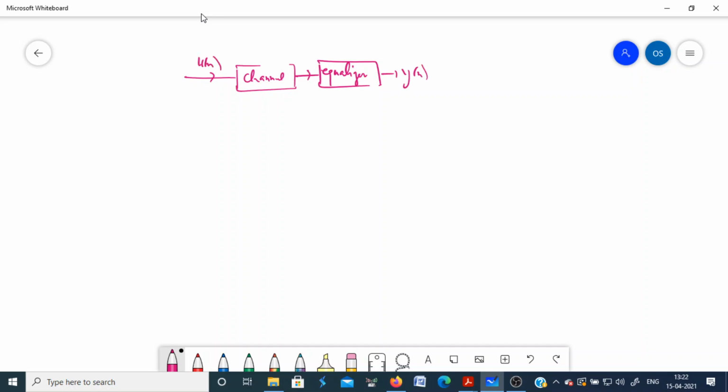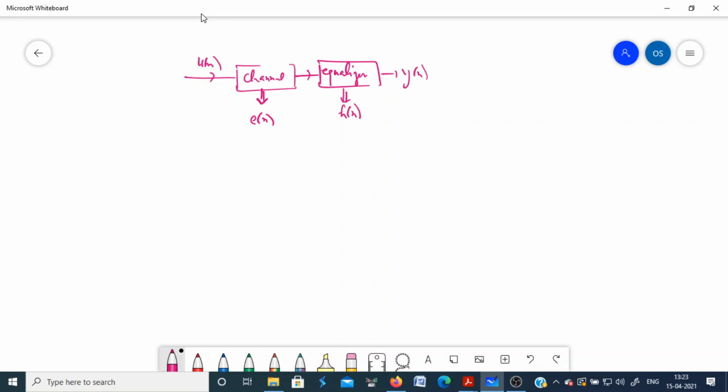So un is input to the channel, yn is output from the equalizer. Its impulse response, sorry, it was Cn, and the impulse response for this is, let us suppose, Hn.